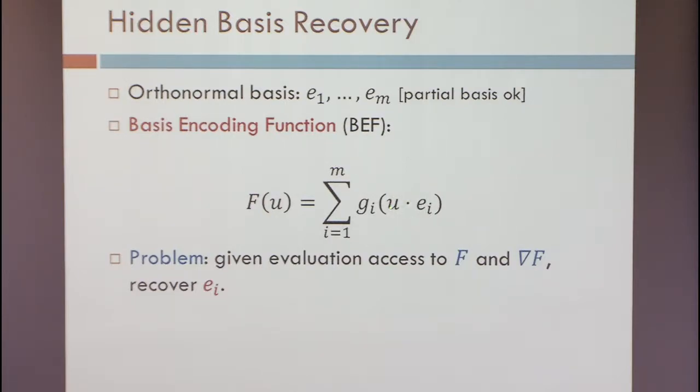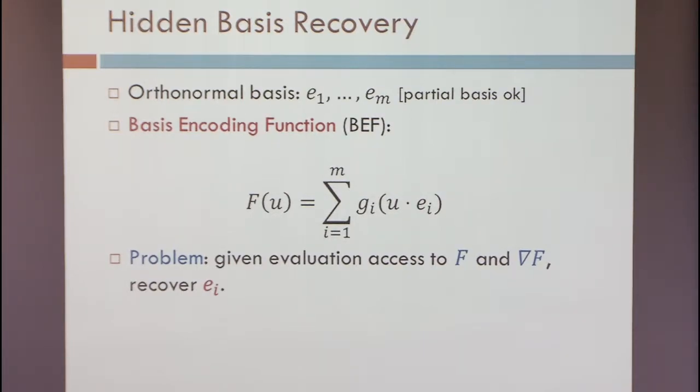You take the inner product of your input vector with each of these basis elements, and you apply some nonlinearity g to that. And then you just sum this up. So this is the basis encoding function. And the primitive would be, given evaluation access to f and the gradient of f, to recover the actual basis. Okay, so that's the setting of the problem.